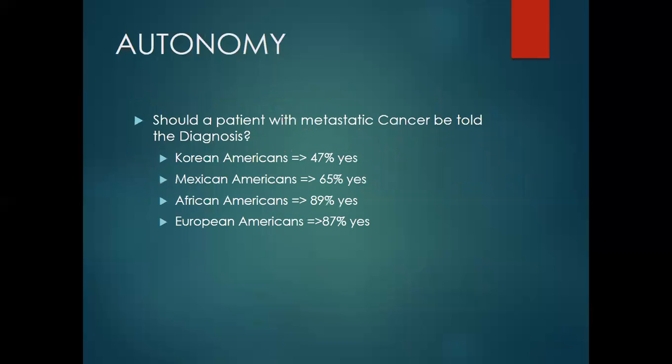So there have been some studies in different cultures, and there are 4 cultures that are represented here. And this is done through the United States. You look at Korean Americans, Mexican Americans, African Americans, and European Americans. And they were asked, should a patient with metastatic cancer be told that they have the disease state?